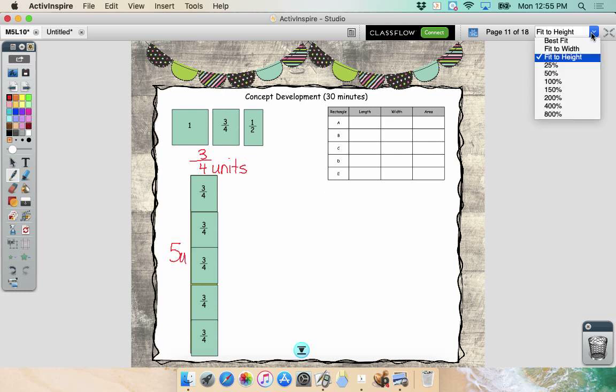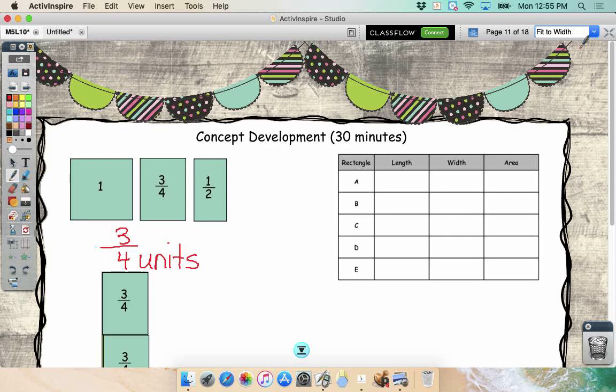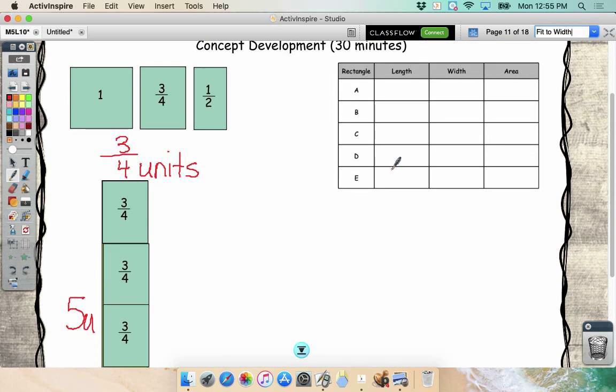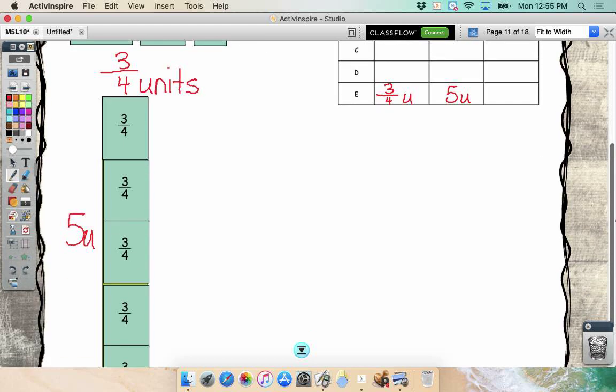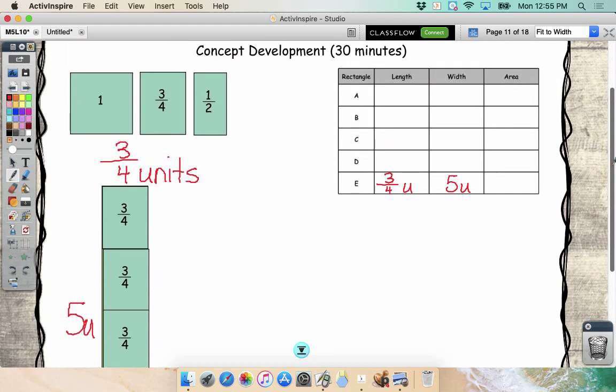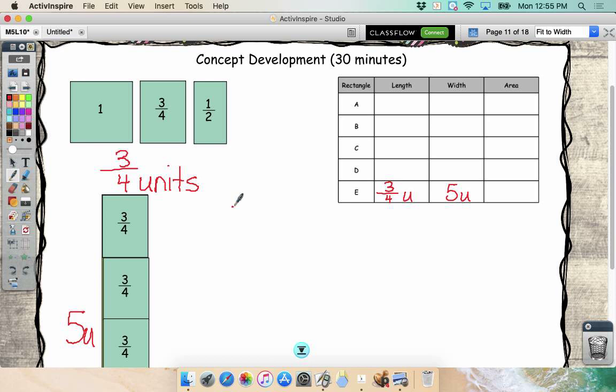And we need to fill in the chart. Okay, so I've got, whoops, that's backwards. 3/4 times 5. How are we going to figure this out, guys? Everybody write this down. Have we done problems like this before? Yes, we did.